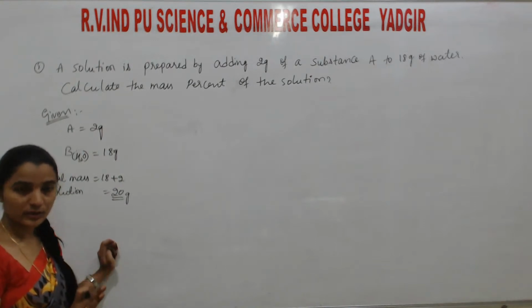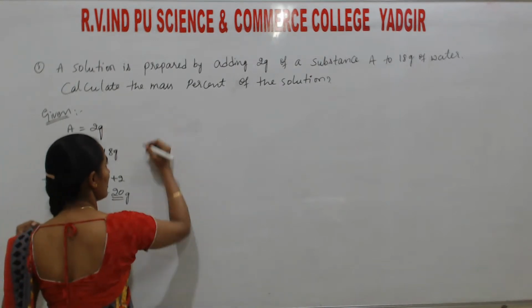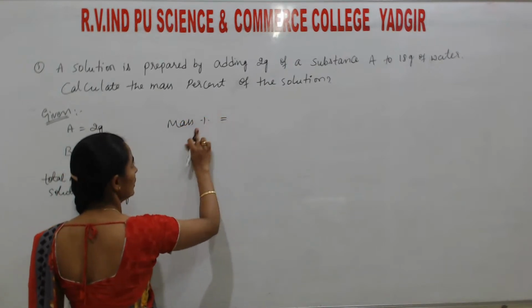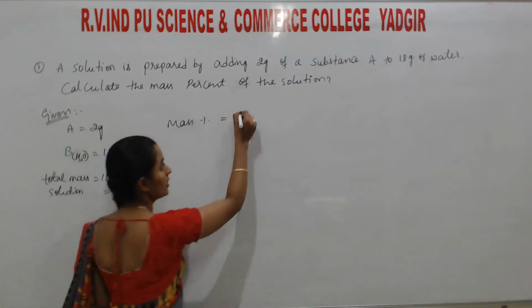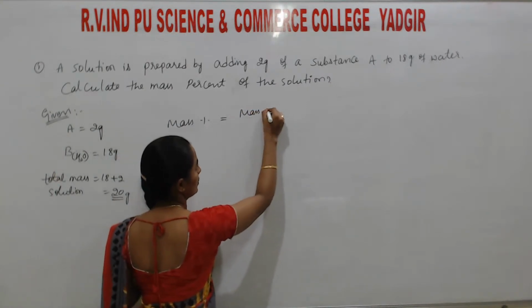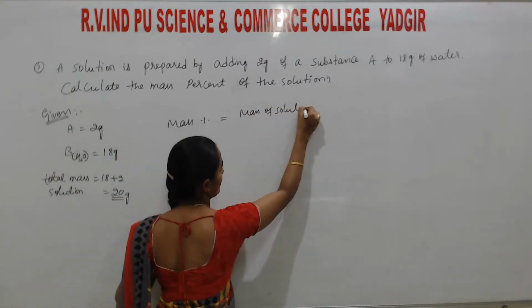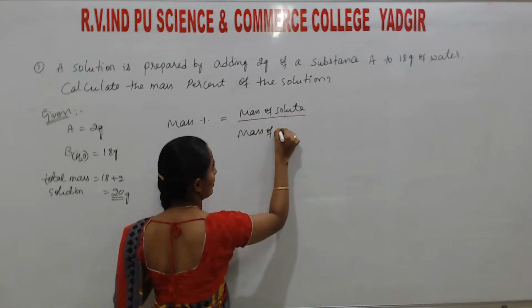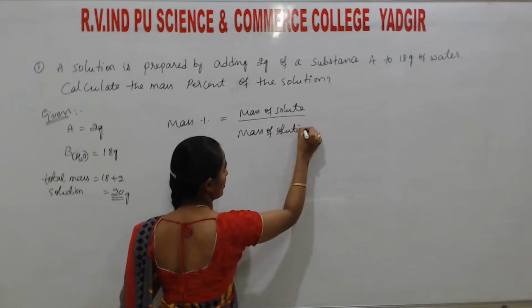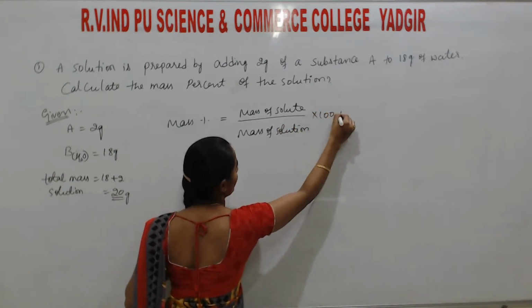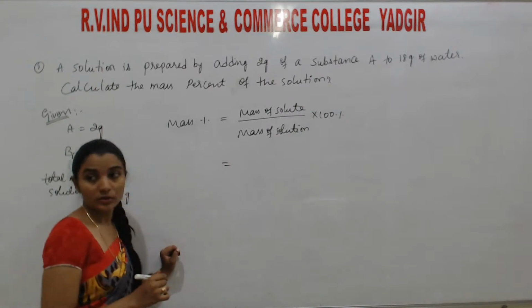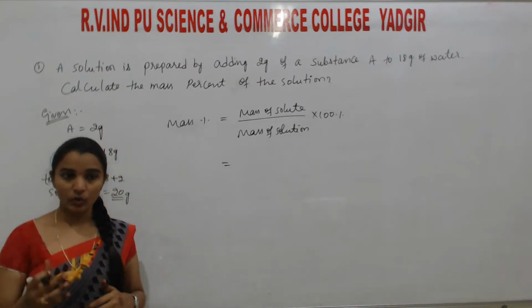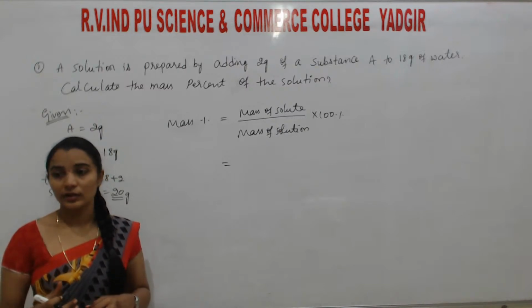Okay, students, this is enough. Next, what is the mass percent formula? Mass of solute divided by mass of solution into 100%. Correct? Which one is present in less quantity? That is the solute. Which one is present in more quantity? That is the solvent.